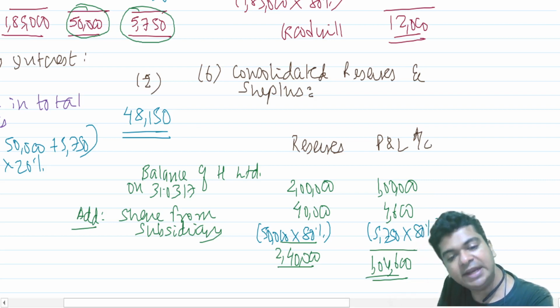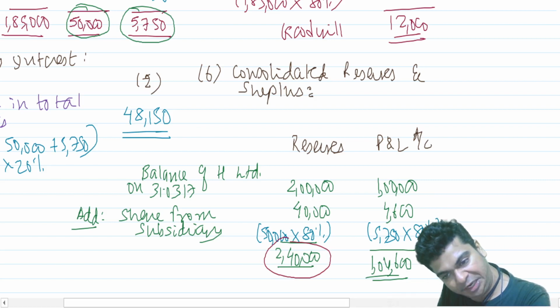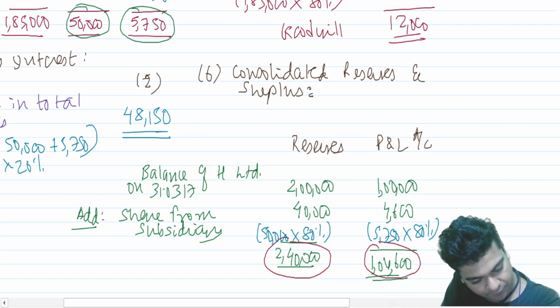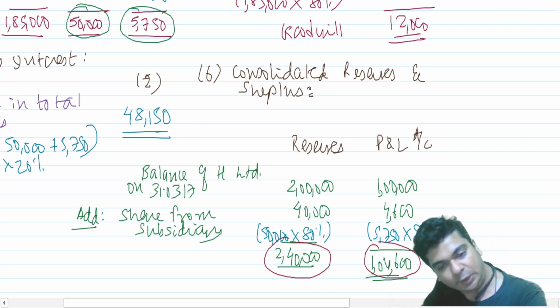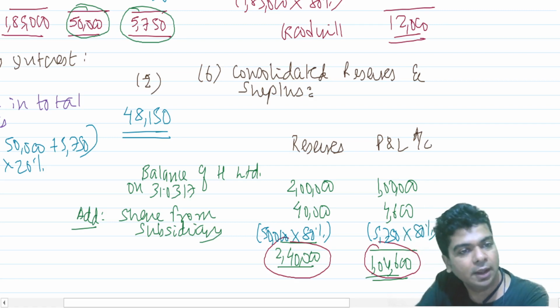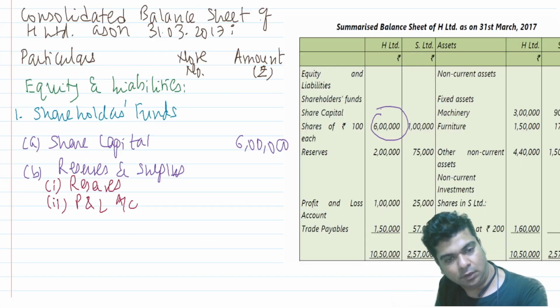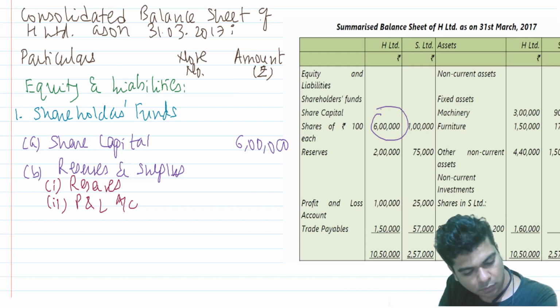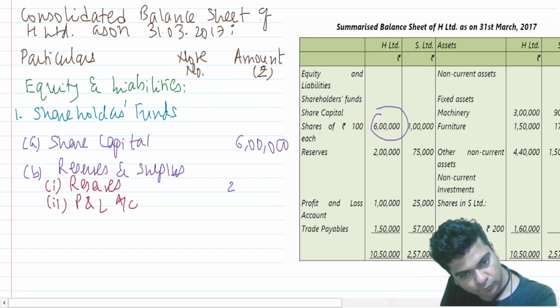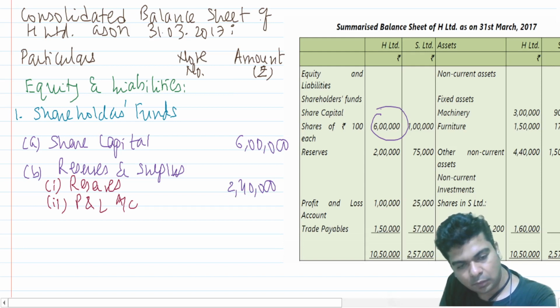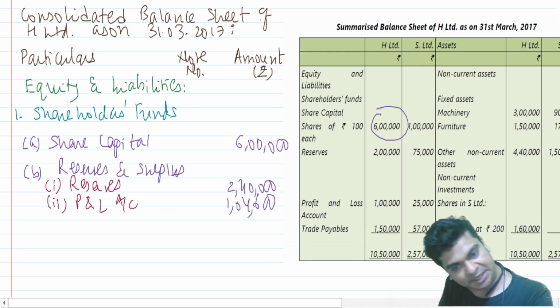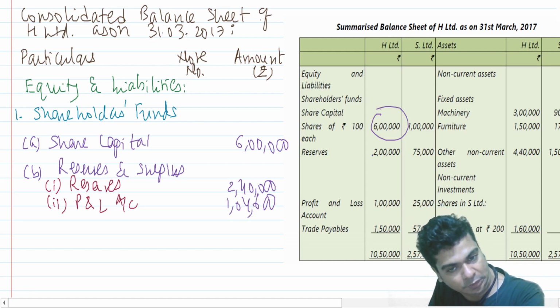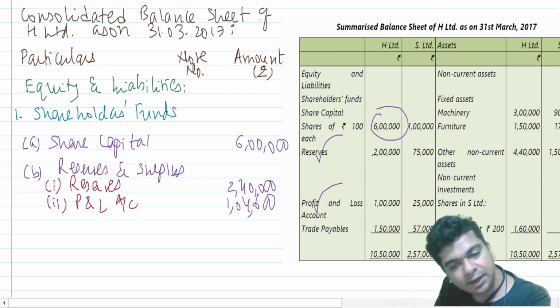We have already calculated it. Reserves 2,40,000 and 1,04,600. Yes, this is what I will be showing in my balance sheet from our workings. Reserves 2,40,000. P&L 1,04,600. So reserves taken care of, P&L taken care of.